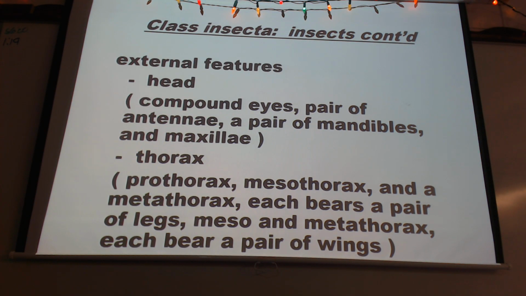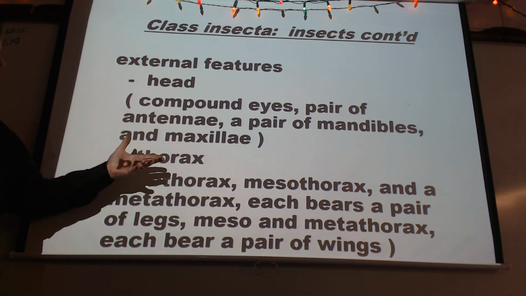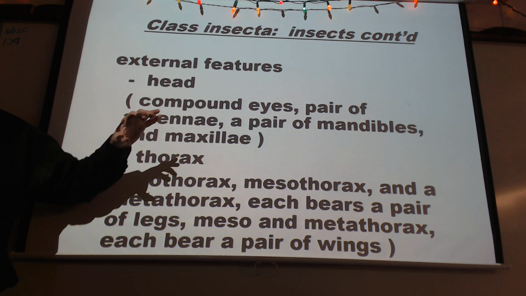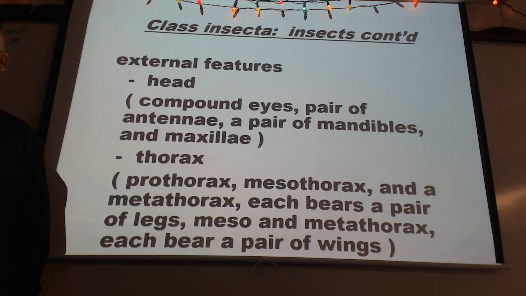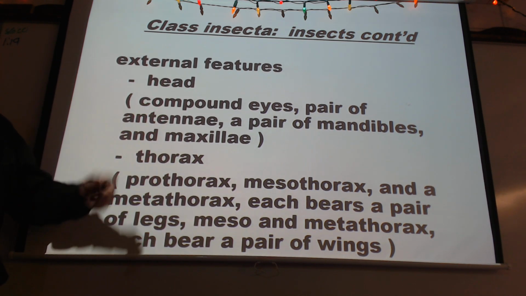Okay, the external features. There are 3. You got the head, the thorax. What might be the last one? The legs. No. Body segments. Cephalothorax. That means these two would be together, like in spiders and scorpions.